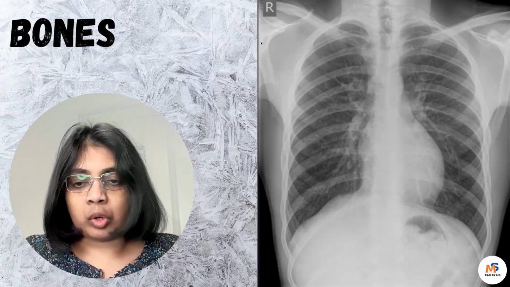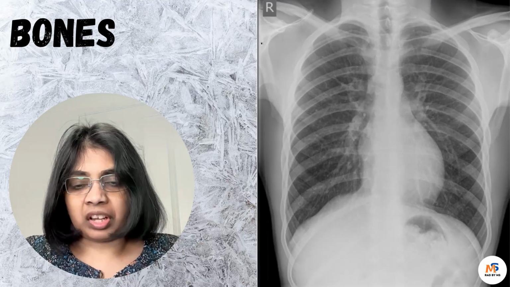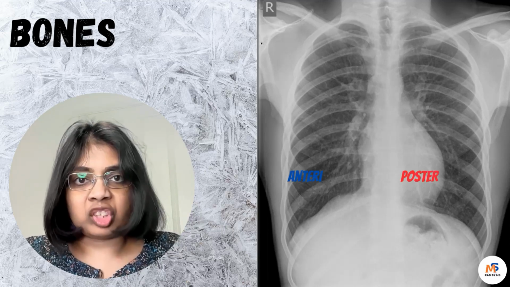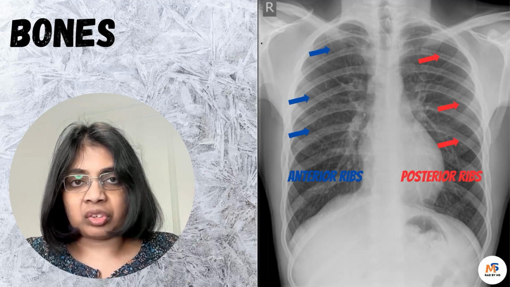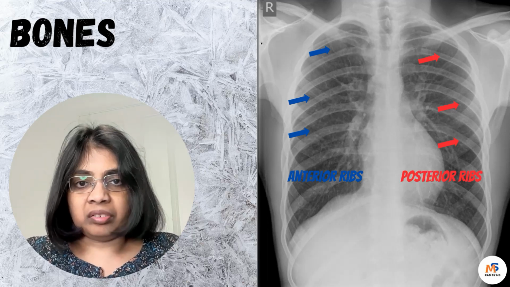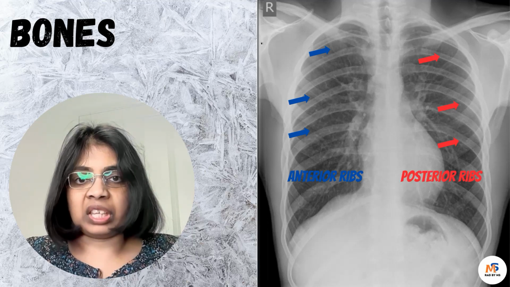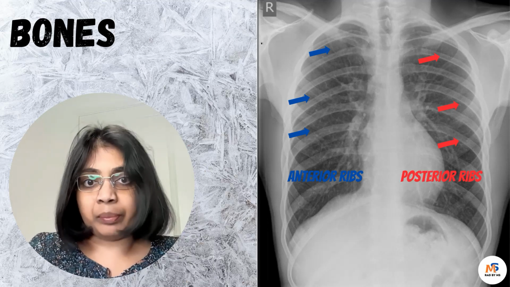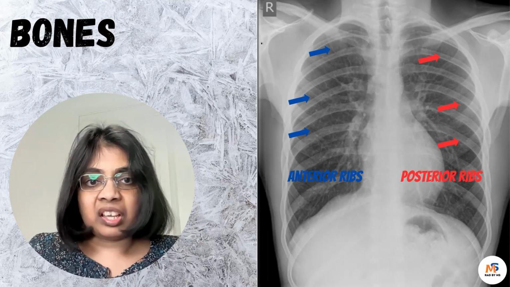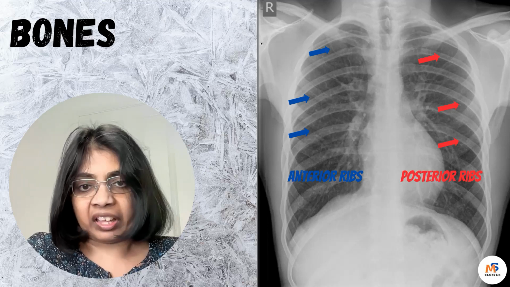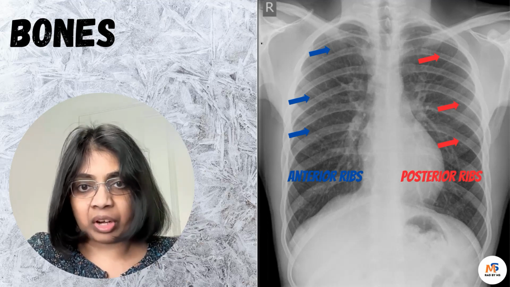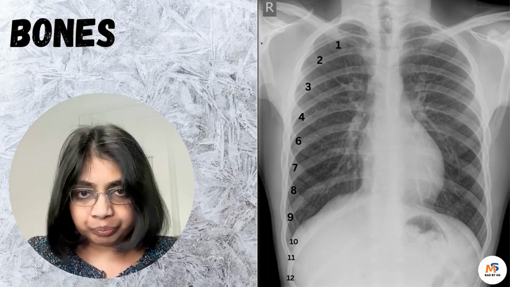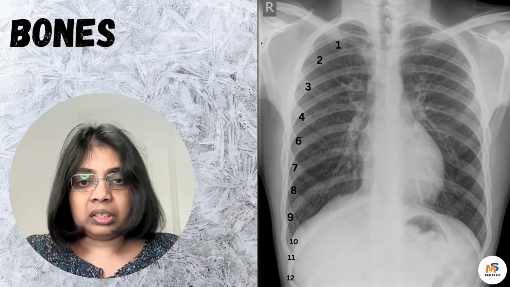So the next topic that we're going to discuss is bones. We're going to start off with the ribs. It's important that we follow each rib in its entirety, starting off looking at the posterior rib, extending all the way to the anterior border.